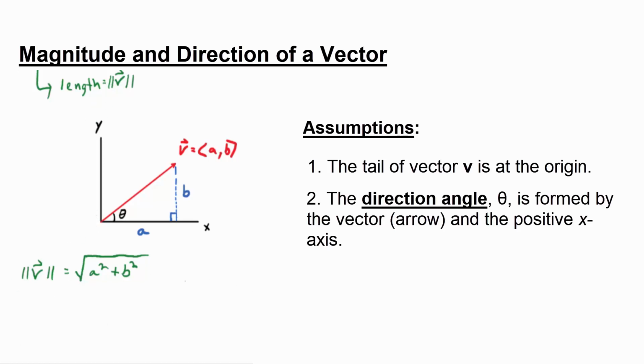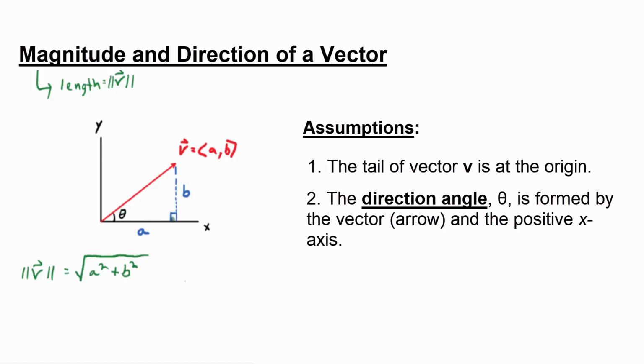And we also know from trigonometry the relationship between theta, b, and a, and the function that gives us that relationship. What is b in relation to theta? What side is it? Opposite side. What is a? Adjacent.